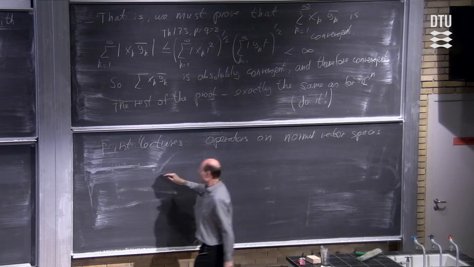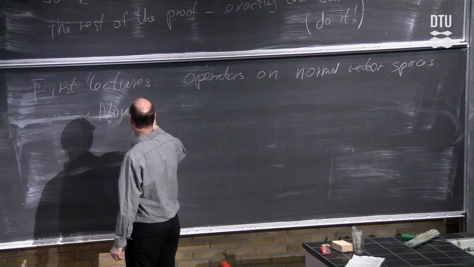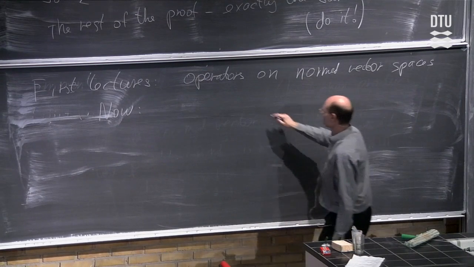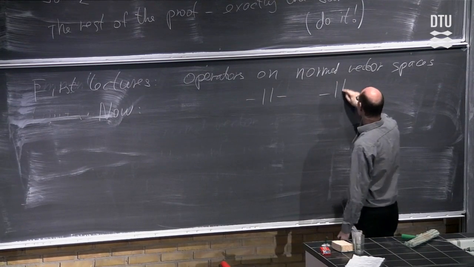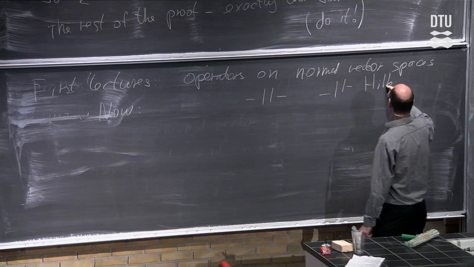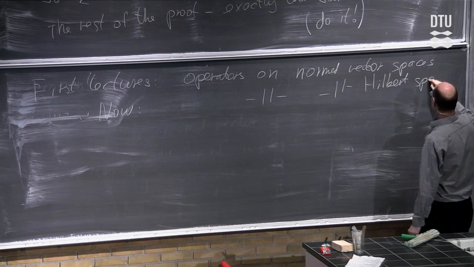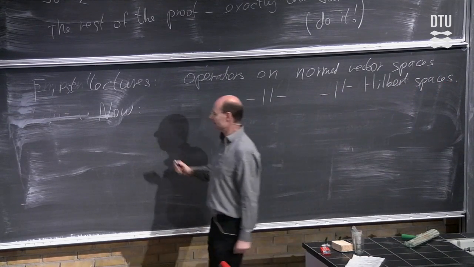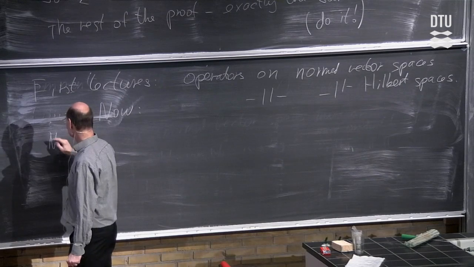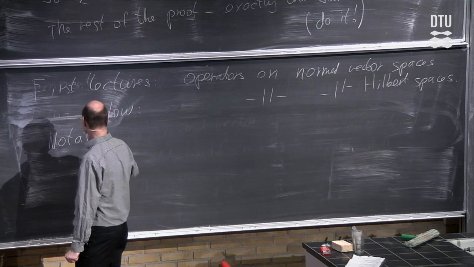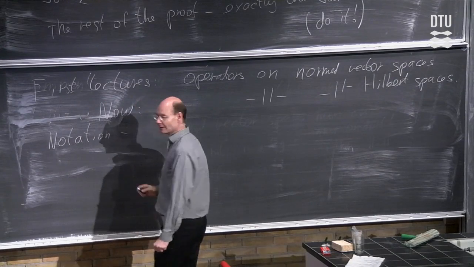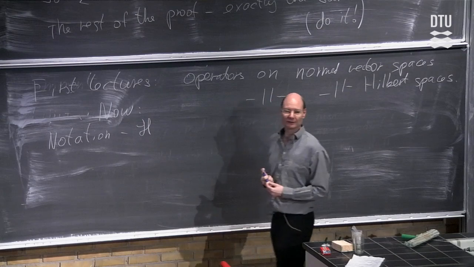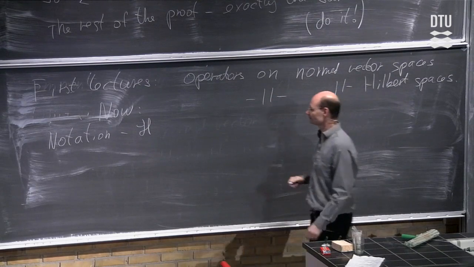And what we'll do now is to look at this special case where our normed vector spaces are actually Hilbert spaces. So we will use the same name for Hilbert space all the time. So the notation from now on is that whenever I write an H written like this, then this means that we are dealing with a Hilbert space.